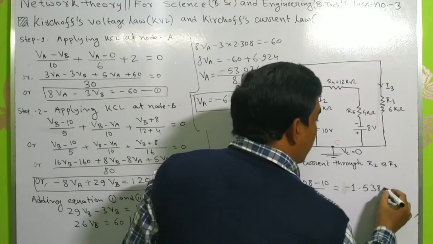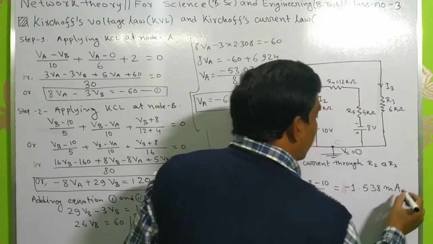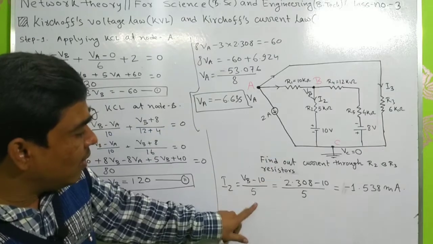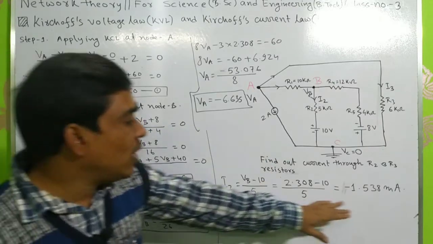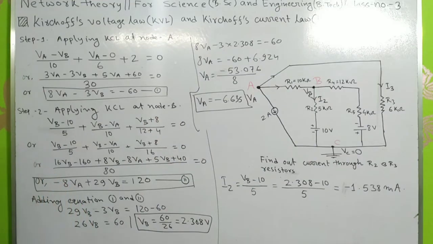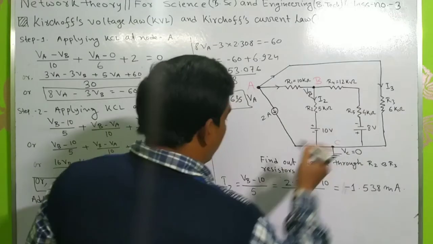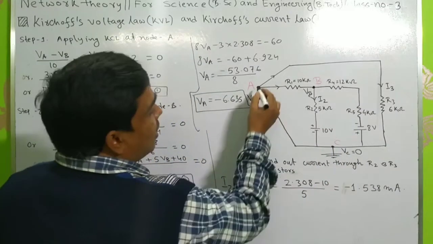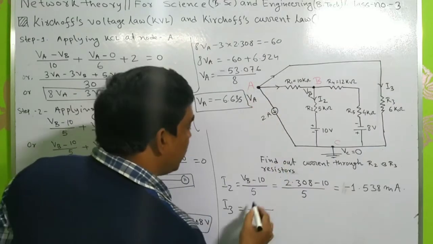It must be milliampere, because this is in volt and this is in kilo ohm. That's why it is milliampere. So minus 1.538 milliampere.